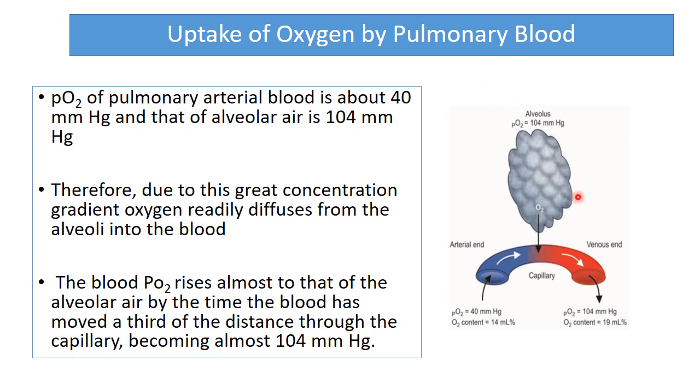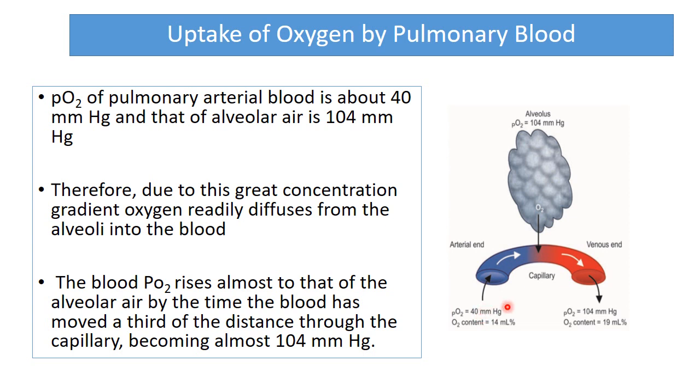Here you can see that the partial pressure of oxygen in the alveolus is 104 mmHg, while the partial pressure of oxygen in the venous blood entering the pulmonary capillary at the arterial end is only 40 mmHg.